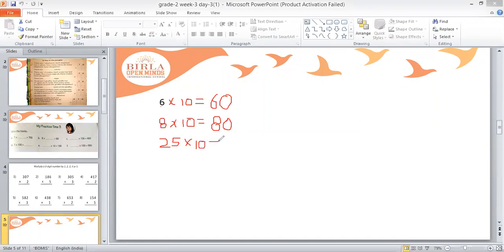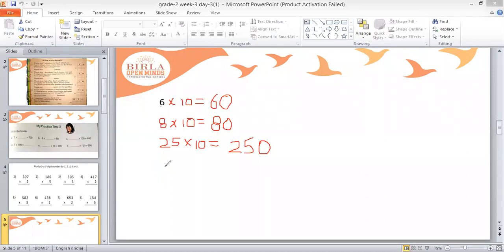Again we will write this number 25, and after that we'll put 10. Whenever you are multiplying any number with 10, you will just put 10 after that number.